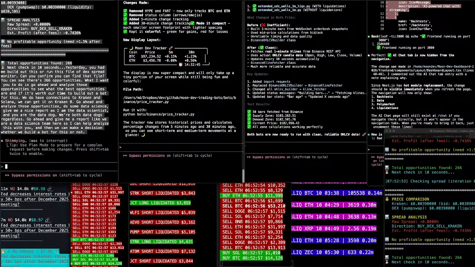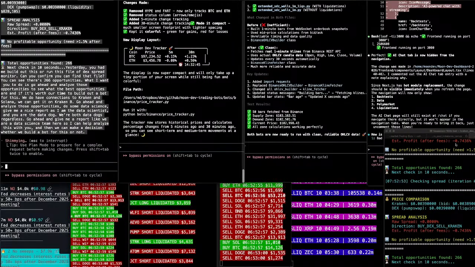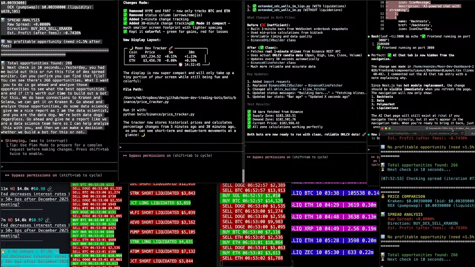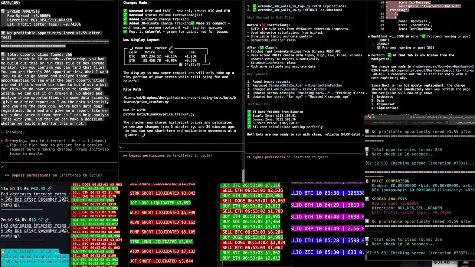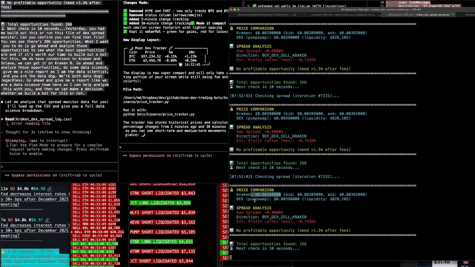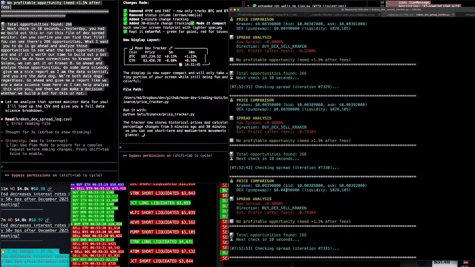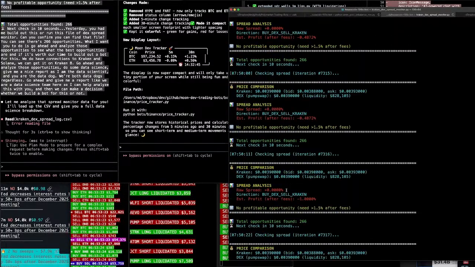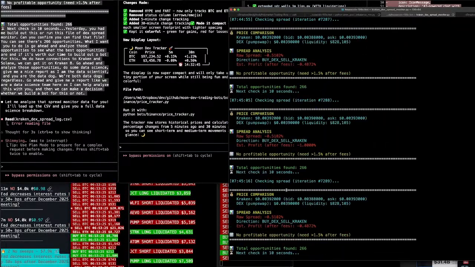Okay, so this is sick because yesterday we set up this scanner, this spread monitor, to see if there was a spread available between the Kraken price and the DEX, which is PumpSwap, the liquidity pools. You can see a lot of them this morning are not showing any arbitrages.